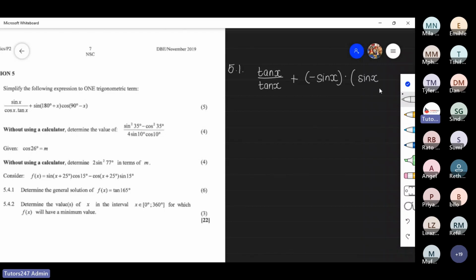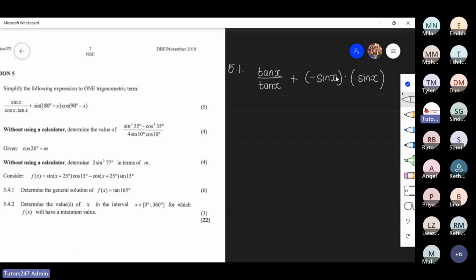Then we need to identify if this is going to be positive or negative sine. So we ask ourselves, what quadrant is 90 minus x? We know that 90 minus x is quadrant 1 and 90 plus x is quadrant 2. Because 90 minus x is in quadrant 1 and cos is positive in quadrant 1, our sine x will remain positive sine x.